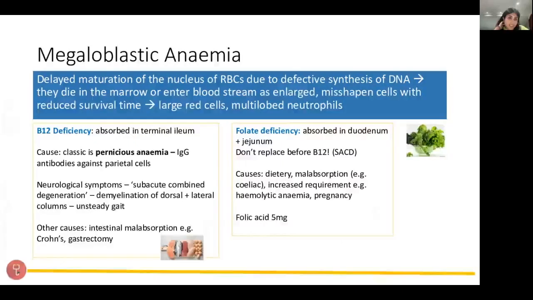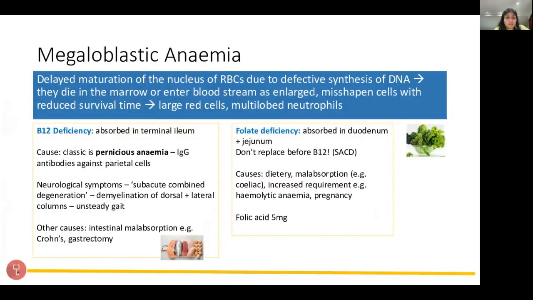So megaloblastic anemia, and what we mean by this term is you've basically got a delayed maturation of the nucleus of your red blood cells, and that's because you've not got enough DNA being made. And there's two main reasons for why we've not got enough DNA being made for our red blood cells. Either your B12 levels are very low, or your folate levels are low. And I'll talk about that in a second.